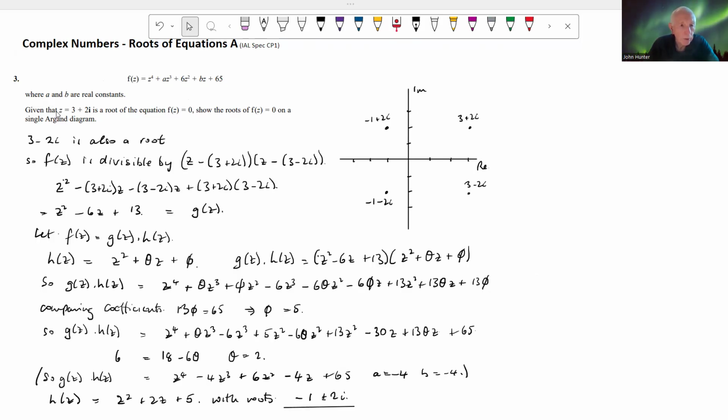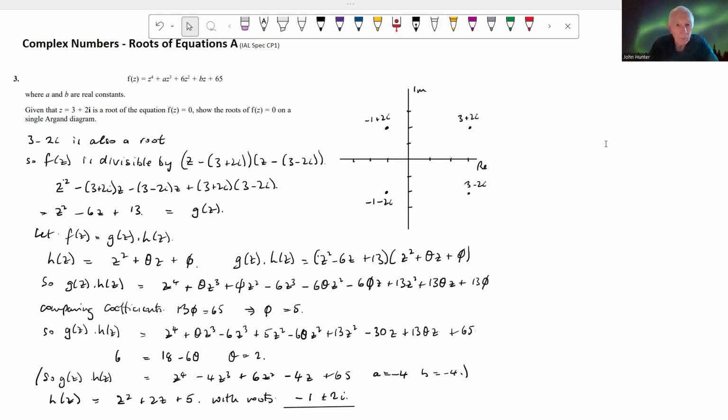We're told that 3 plus 2i is a root of this equation, and we need to show the roots of the equation f(z) = 0 on an Argand diagram.